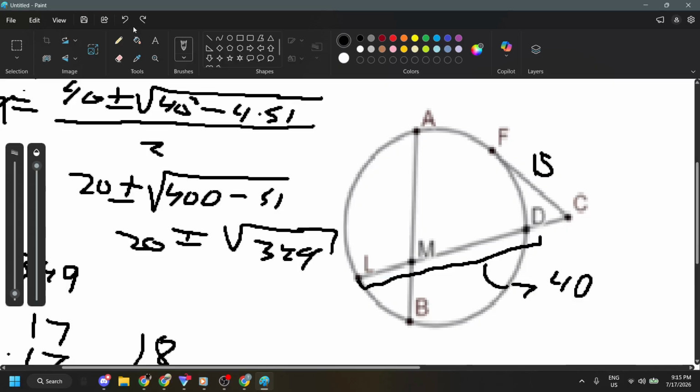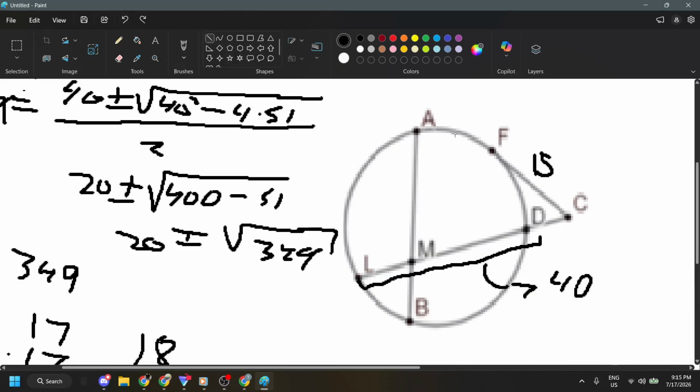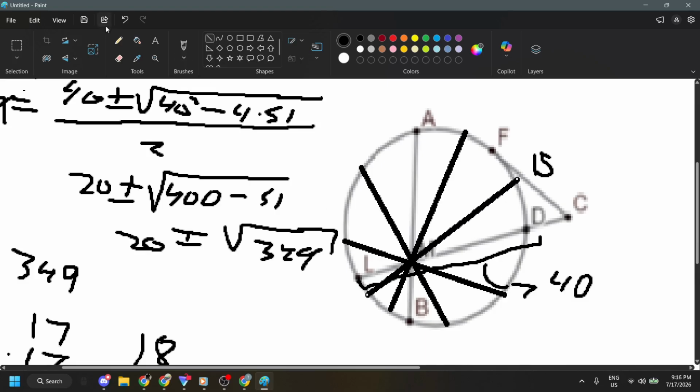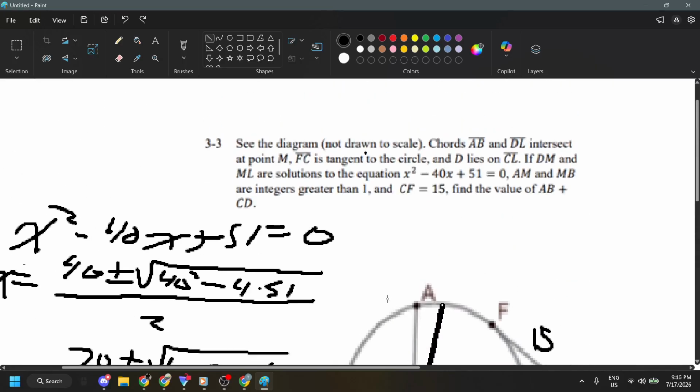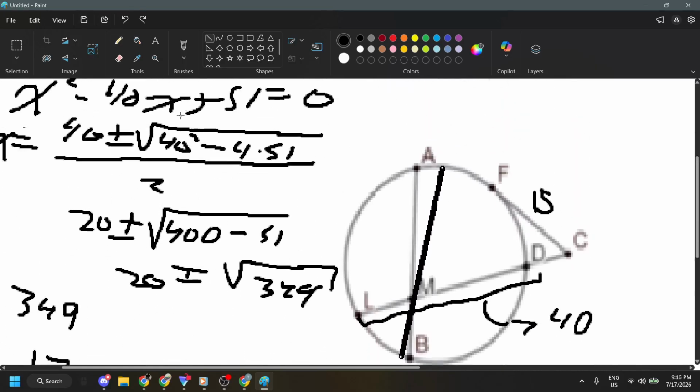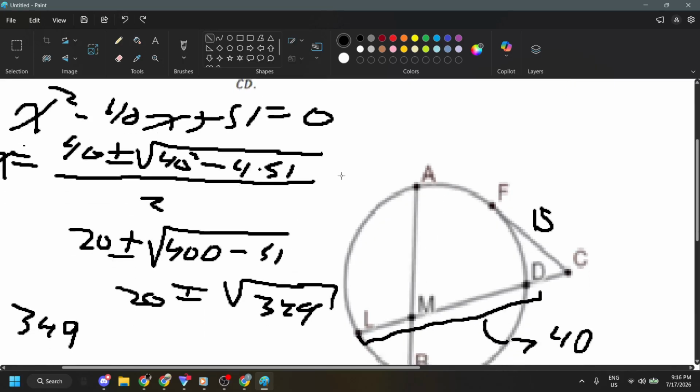AB can be rotated, although I guess that doesn't change their sum. I bet there's some theorem that says that all chords through a point are of equal value, because these look about equal.